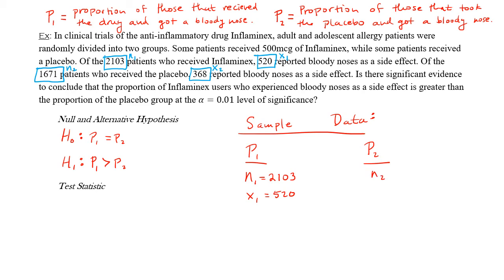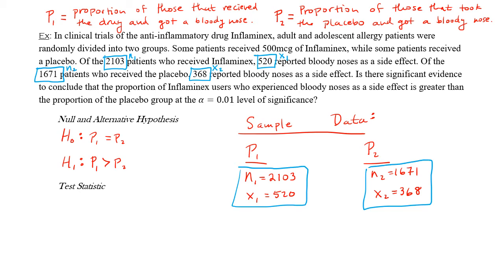So N2 is 1,671 and X2 is 368. And right there we have all the information that we would need to plug into our calculator. So let's go ahead and plug it in. We need these two values here, we need these two values here, and we need the form of our alternative hypothesis.